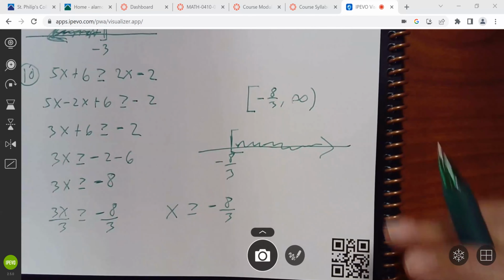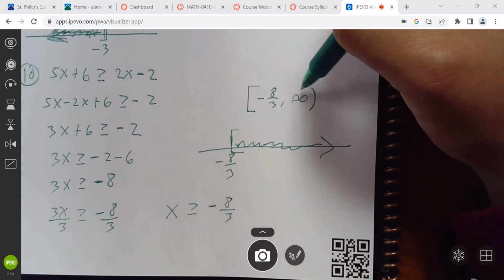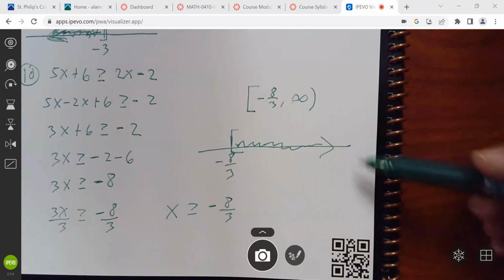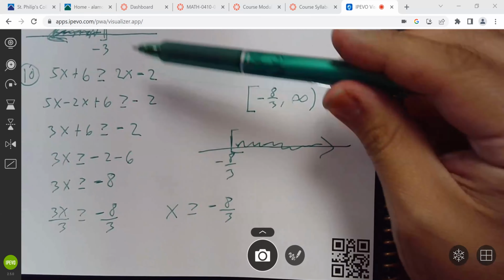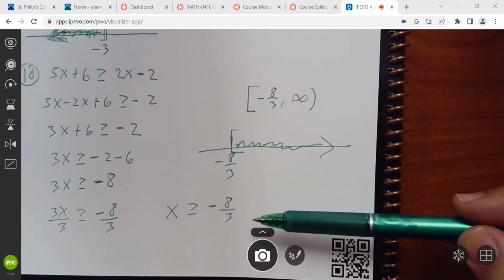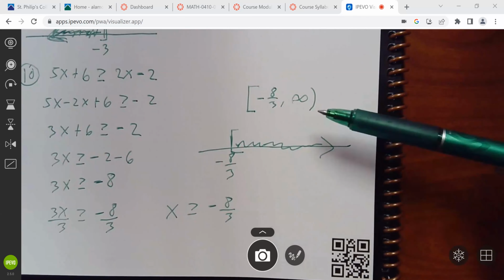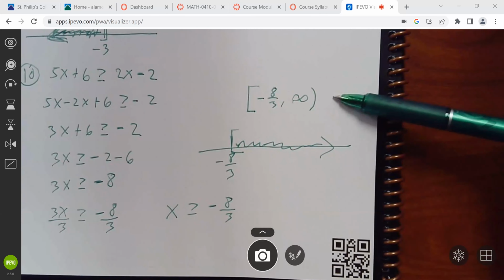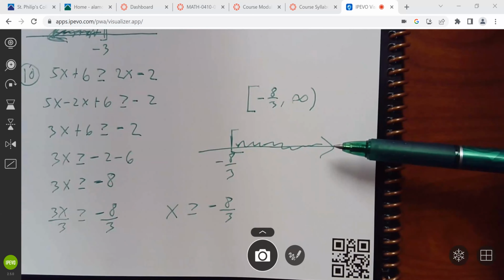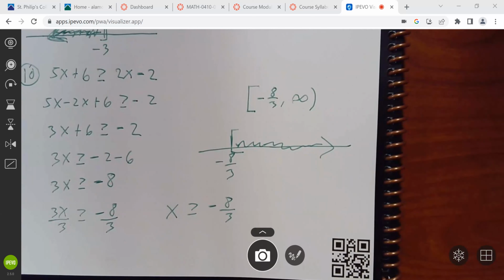We're out of space, but this is called your interval. This is the graph. I'm expecting you to be able to graph it or solve for it, right? On the next exam, you'll solve for X, you'll graph it, and then you'll tell me what the interval is. Okay. Any questions on 10?